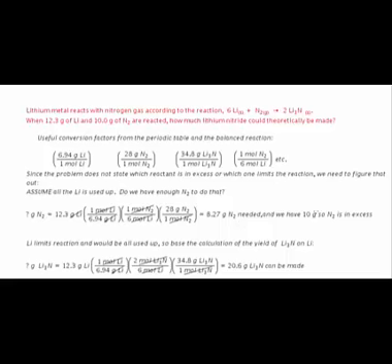So the nitrogen is in excess, and the lithium would be completely consumed. Of course, if this had come out that there was not enough nitrogen, I would know that the nitrogen was the limiting reagent, and that I would base the next little calculation on nitrogen instead of lithium.